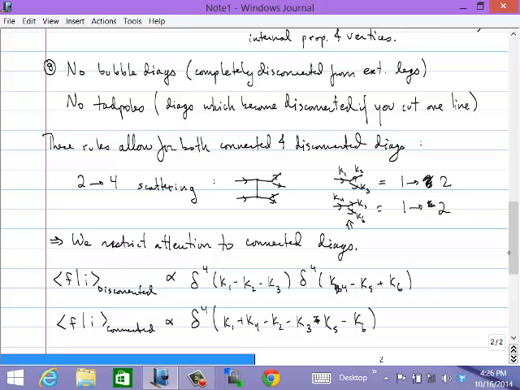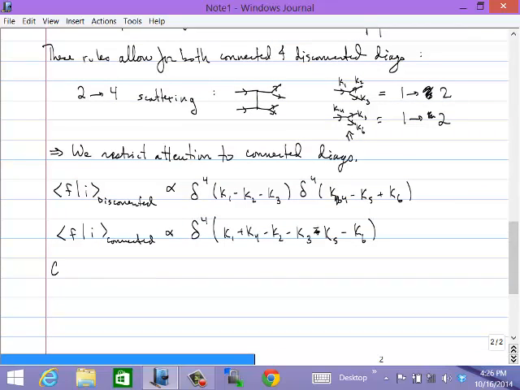So there's a sense in which connected diagrams are infinitely suppressed relative to disconnected diagrams. So in the process of 2 to 4 scattering, if 1 to 2 scattering is allowed, that will always be the dominant contribution.